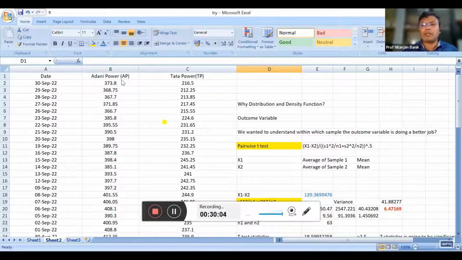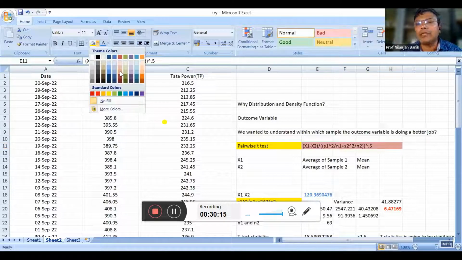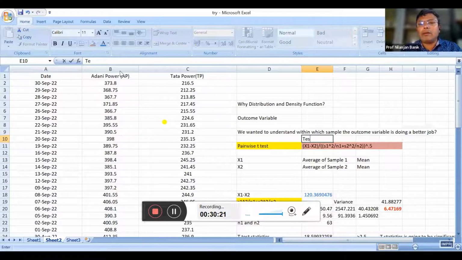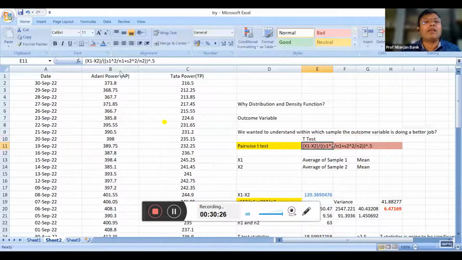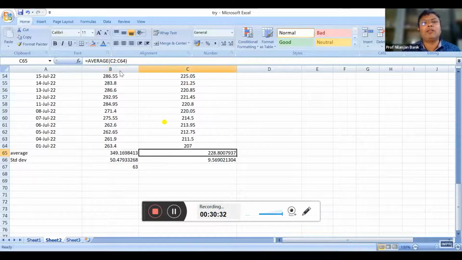Anyway, if you can see my screen, this is the formula again, just so that you guys are on the same page. So this is what we did here. This is the formula for the t-test, but here the t-test is not of much help, because anyway I can see that the mean of this one is higher than the mean of this one.